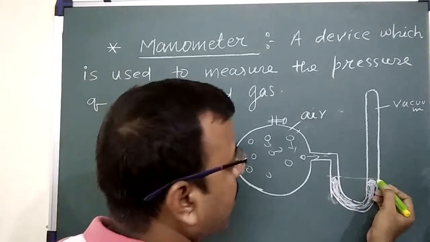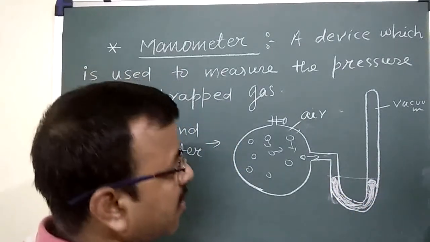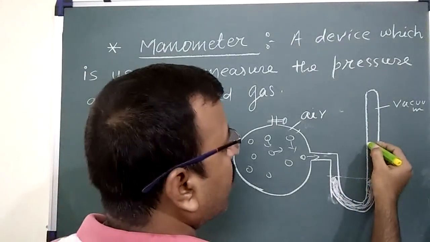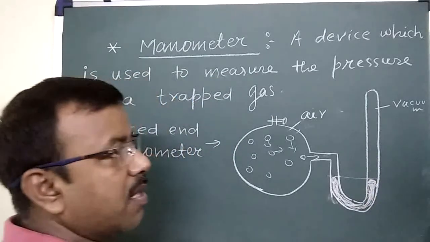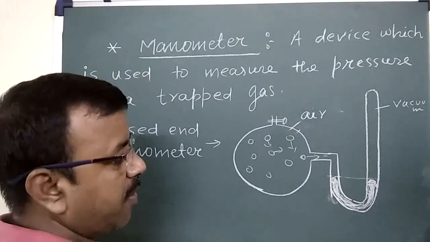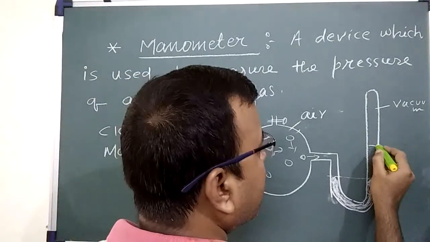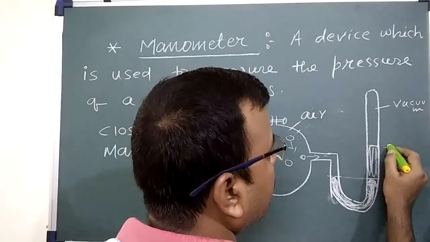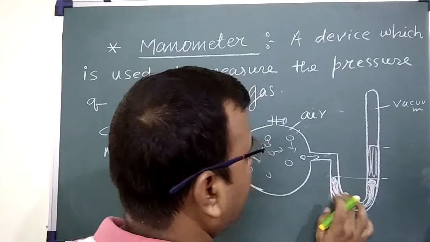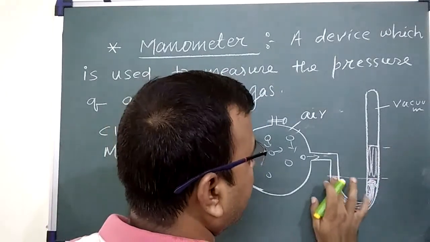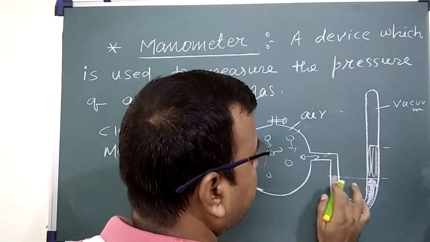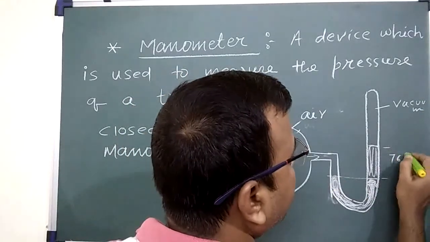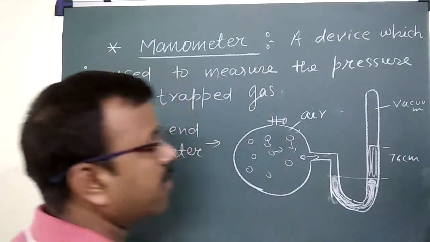And what would be its height to rise in the right limb? It will go up to 76 centimeter, that is 760 mm.